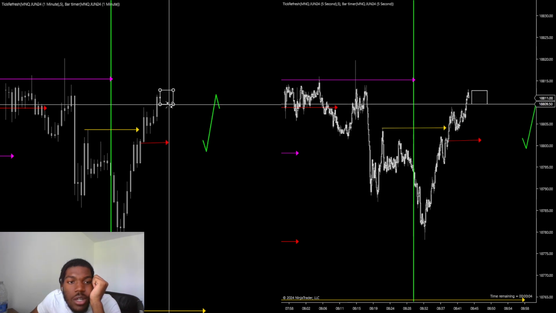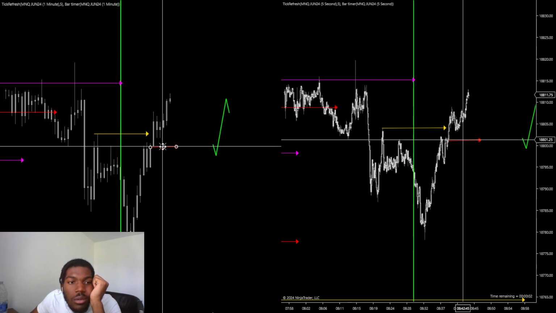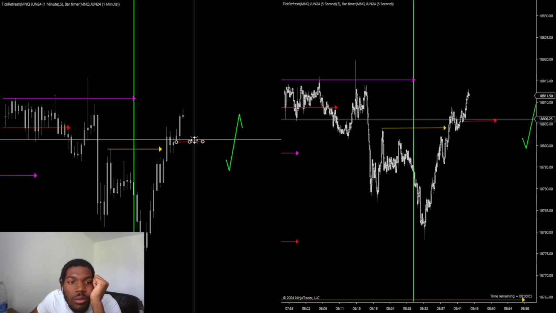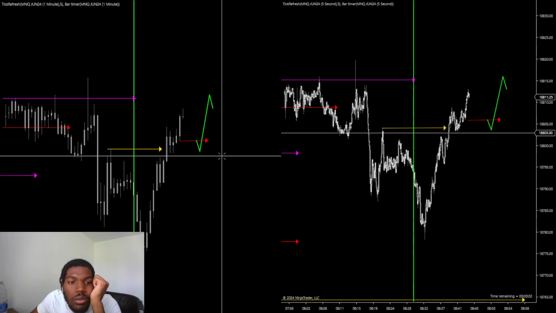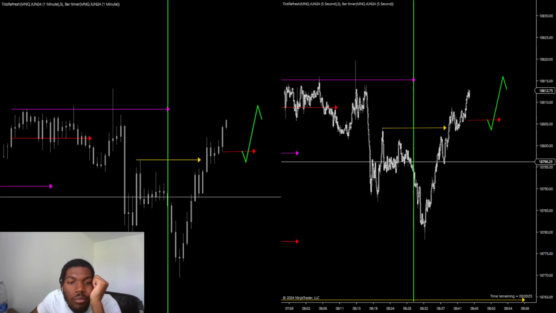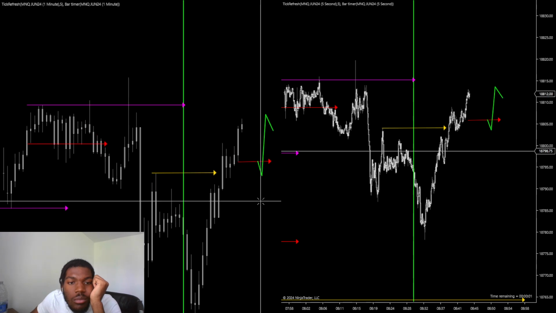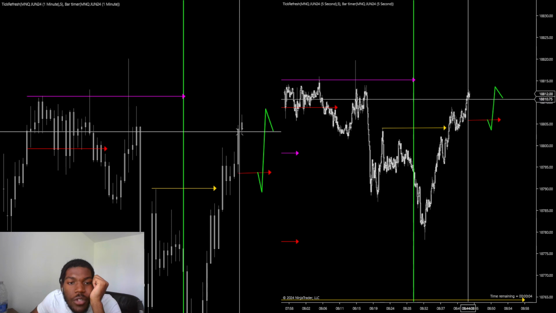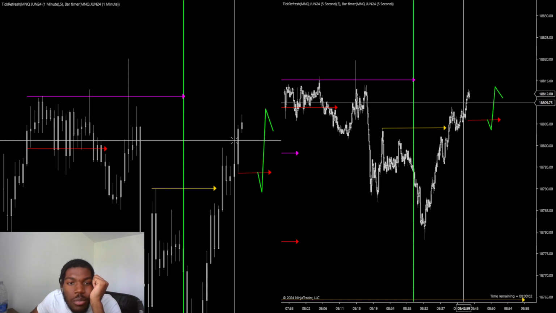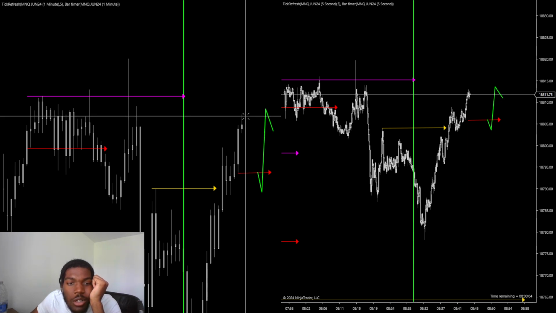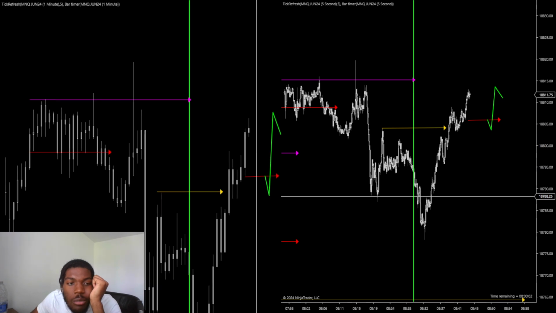So I'm just gonna leave this aside. I'm gonna wait for this candle to close, but as it is currently, this can be the last up candle.